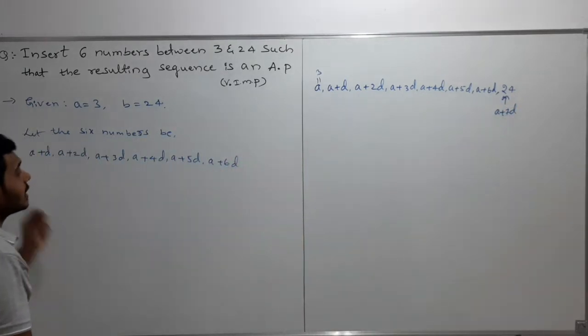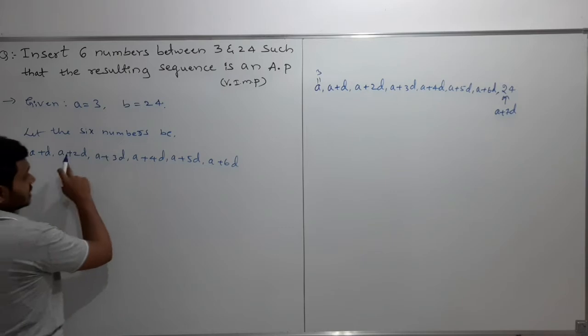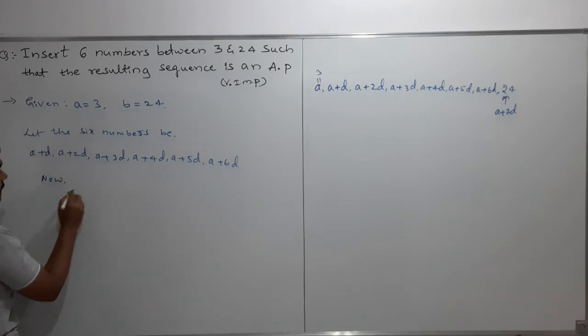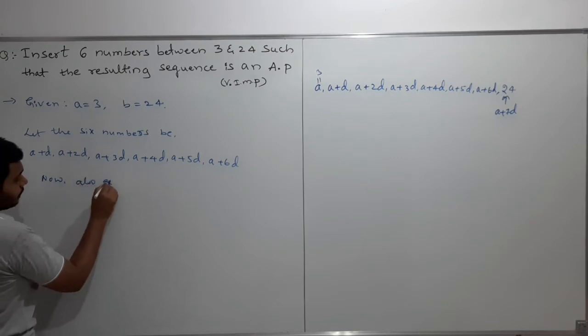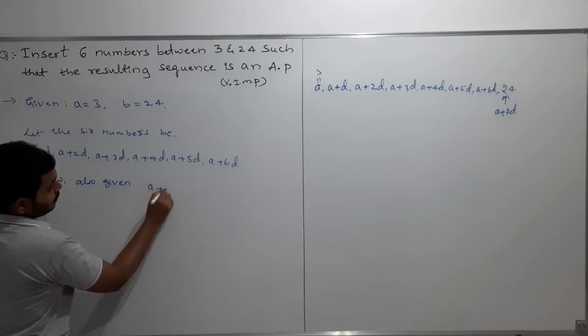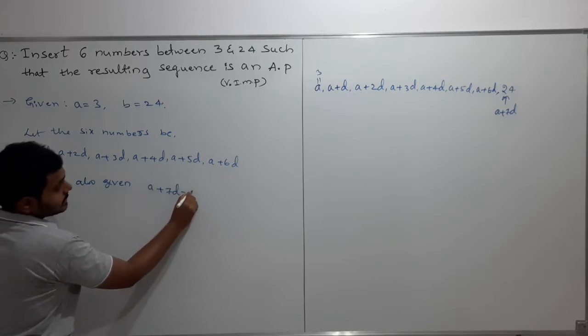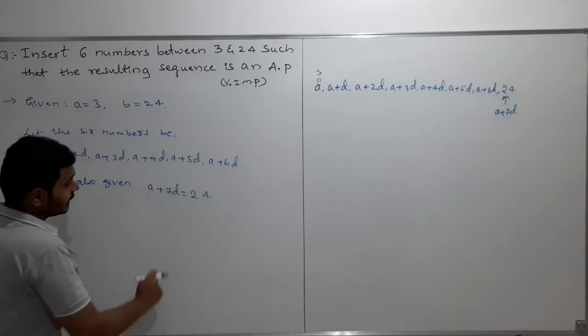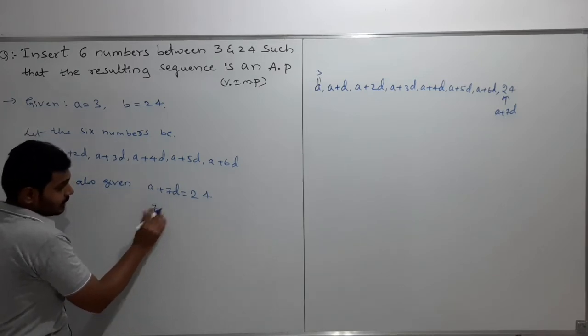That hint I am taking, my dear students. These are the 6 numbers. They have also given A plus 7D is equal to 24.